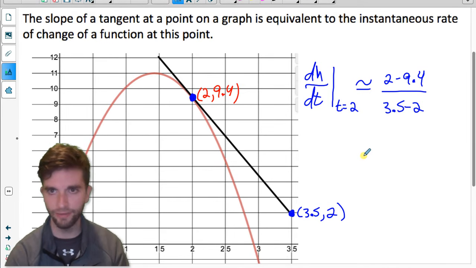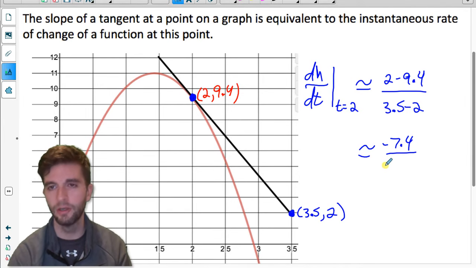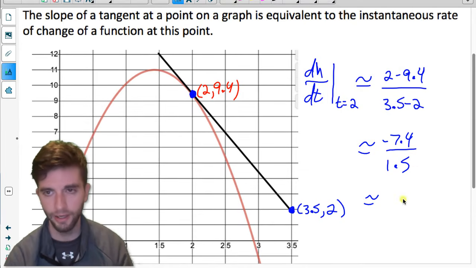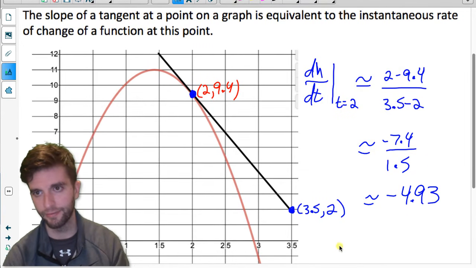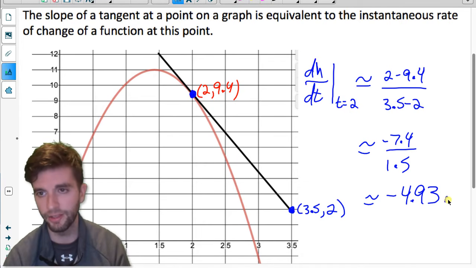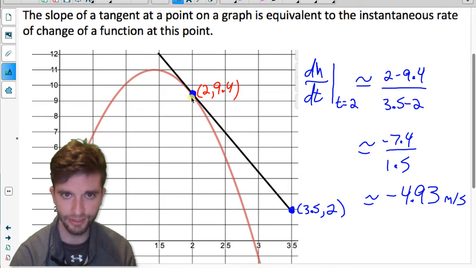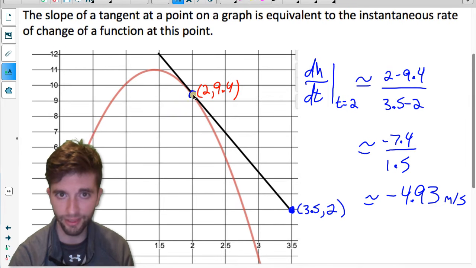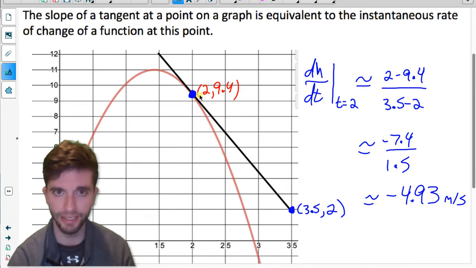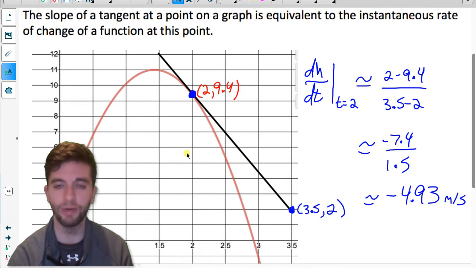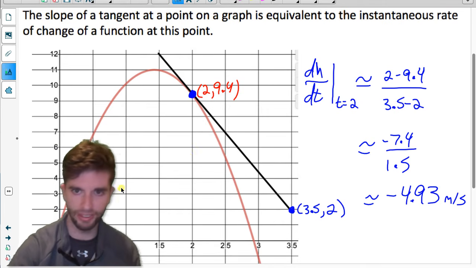And this is my estimate for my instantaneous rate of change, negative 7.4 over 1.5, and I got about negative 4.93. And this is in meters per second. So what we just figured out is, at this point, we think the ball is falling at a rate of 4.93 meters per second at this one single point. That's our guess.